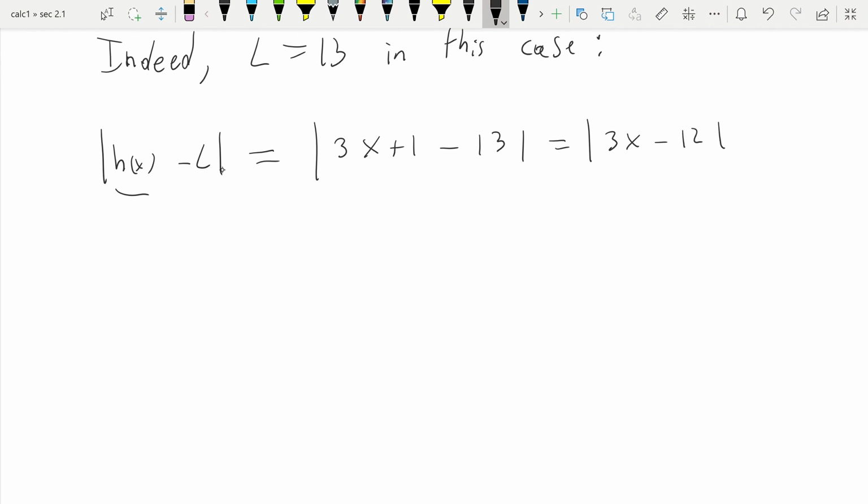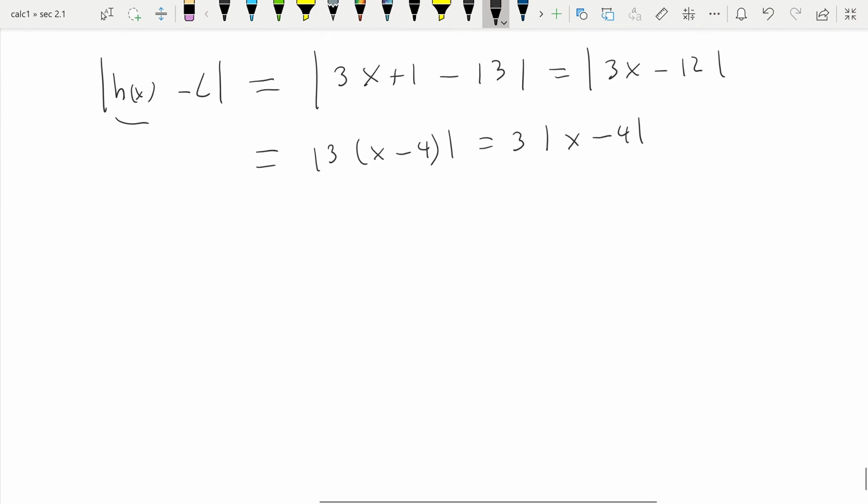We can take out a common factor of 3 and get 3 times x minus 4. Since 3 is positive, we can take it outside of the absolute value to get 3 times the absolute value of x minus 4. And you see, the absolute value of h of x minus L is 3 times the absolute value of x minus 4.